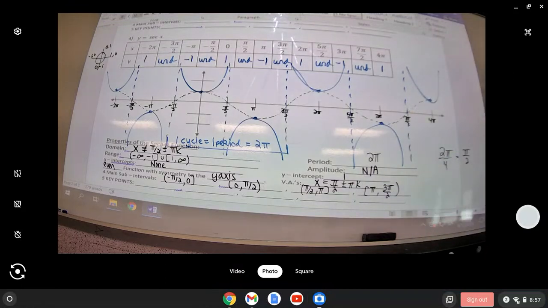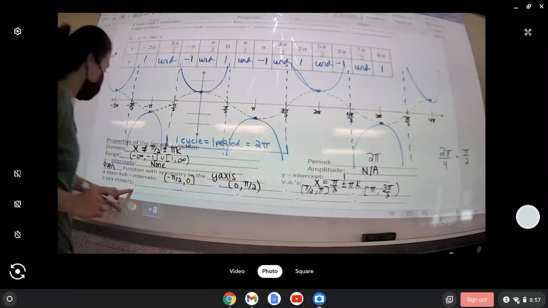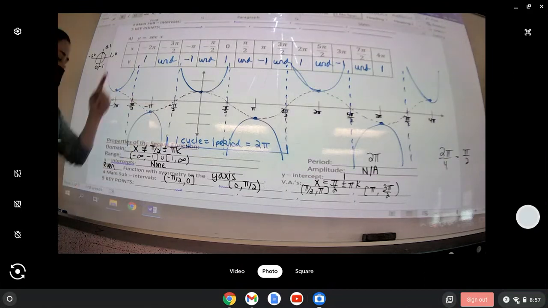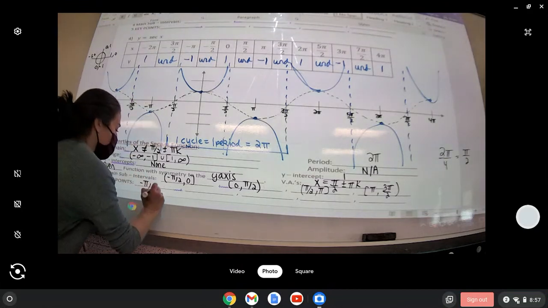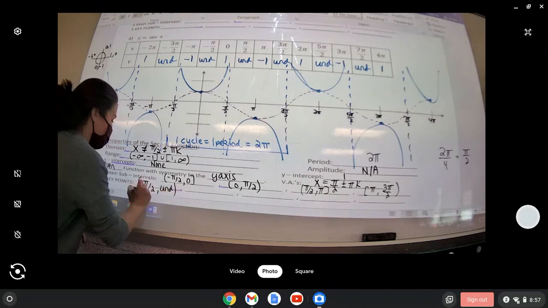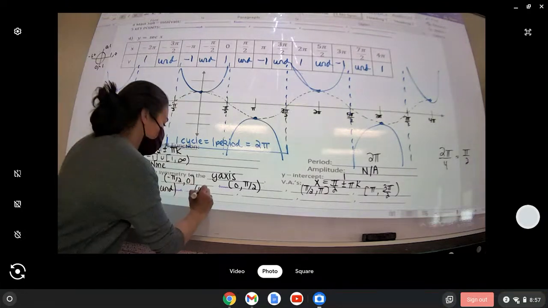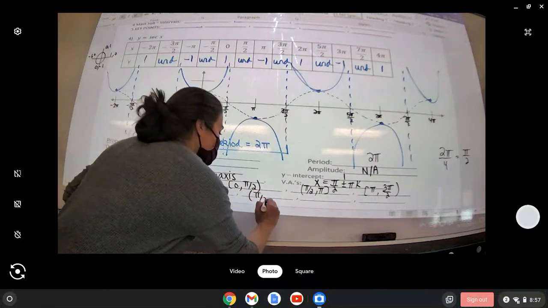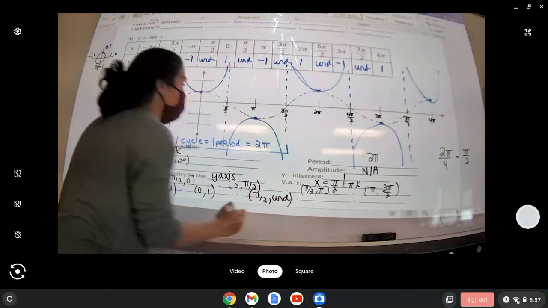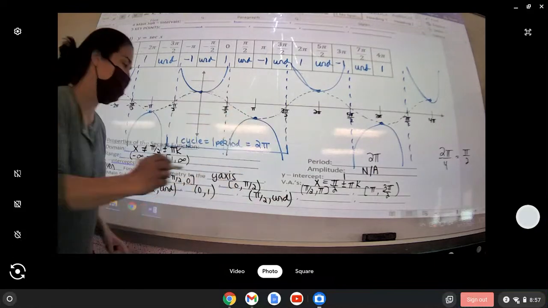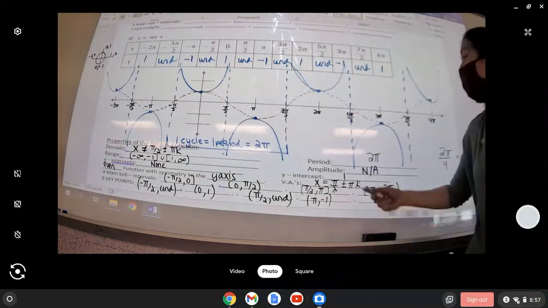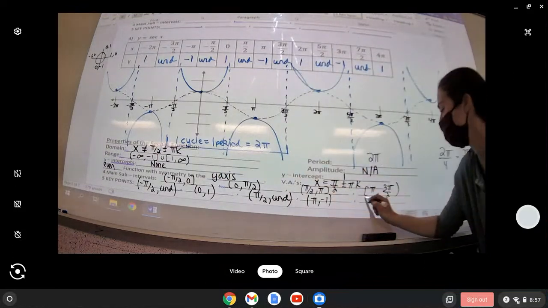And I know I have to write this small, but this is all on the filled in notes, guys. And then your key points. The key points that we can use to graph the first cycle of secant are going to be negative pi over 2 undefined, 0, 1, pi over 2 undefined, pi, negative 1, that's the top of your downward opening parabola, and then your 3 pi over 2 undefined.